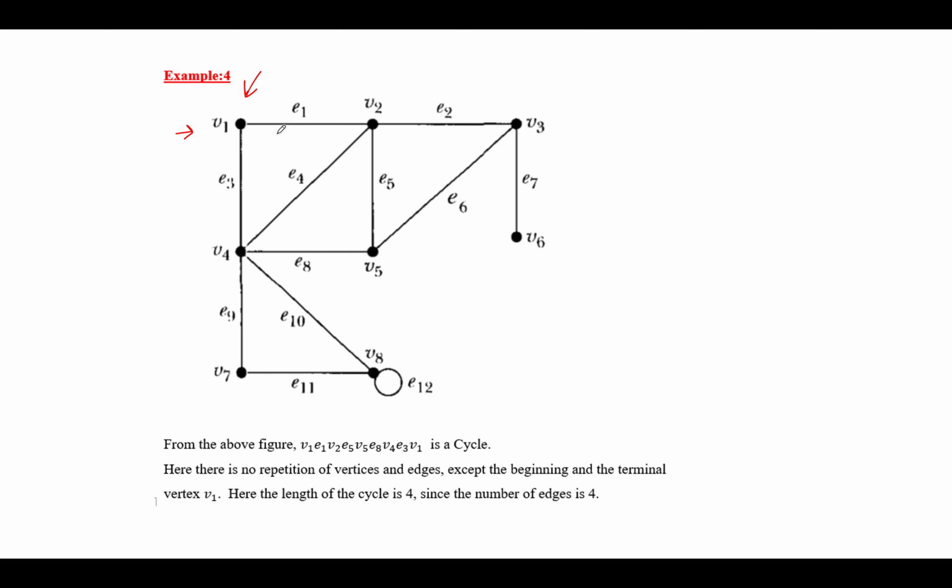It starts at V1, E1, then V2, E5, then V5, E8, and V4, E3, and we reach the starting point. So we call this a cycle. And if you notice, we go through 4 edges, so we can say that this one is a 4-cycle, or the length of my cycle is 4.